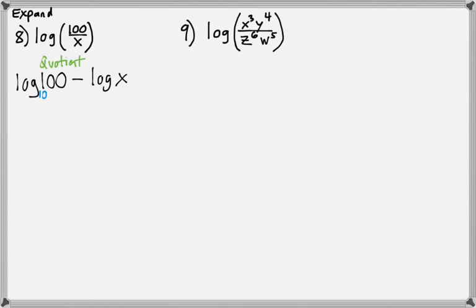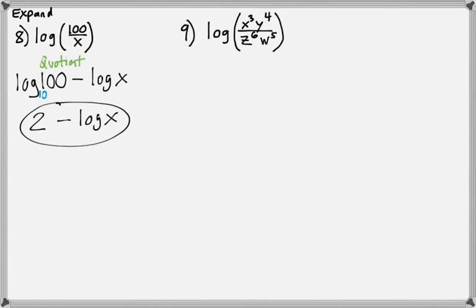So you need to ask yourself, 10 raised to what gives you 100? And that would be 2. So this term turns into 2. So 2 minus log of x. So the logarithm goes away here. Not here, but that first log goes away. So 2 minus log of x will be your answer.